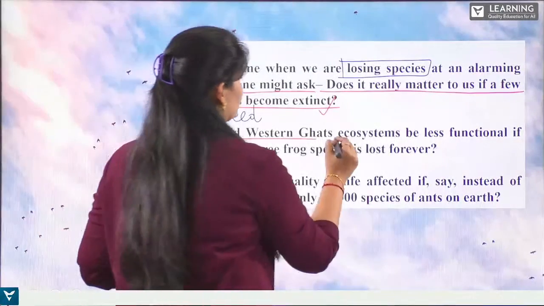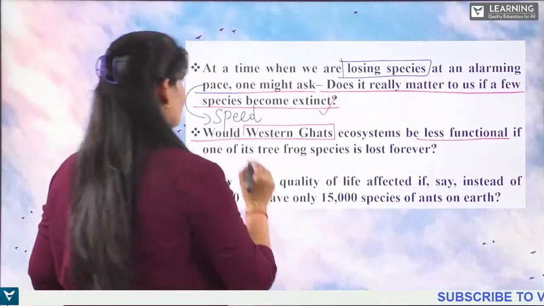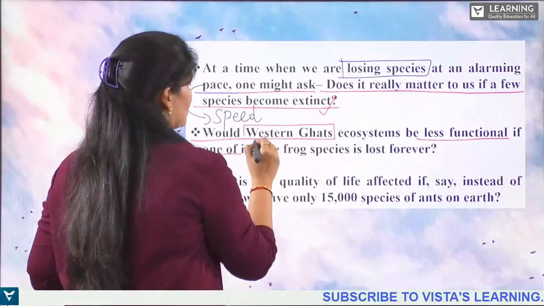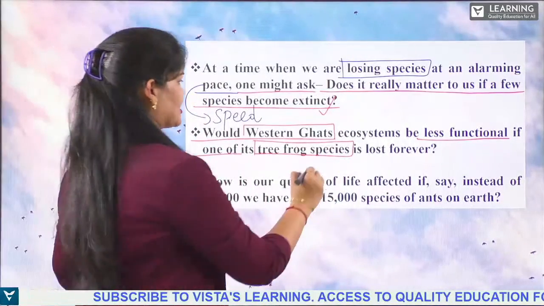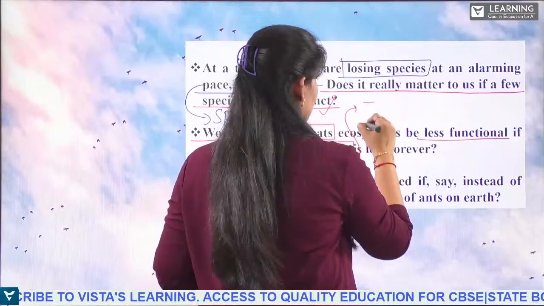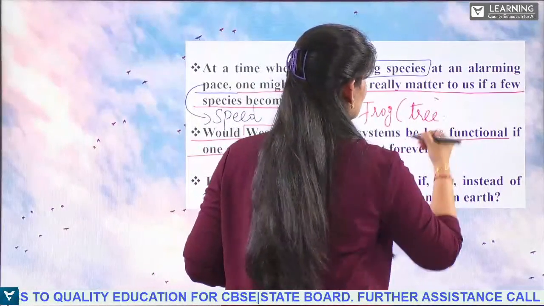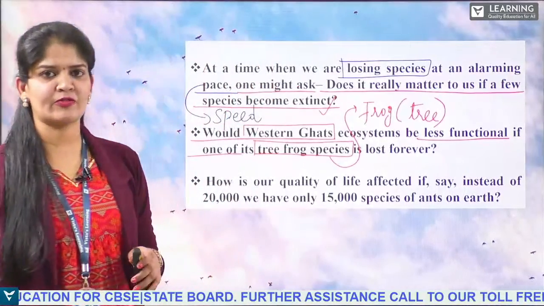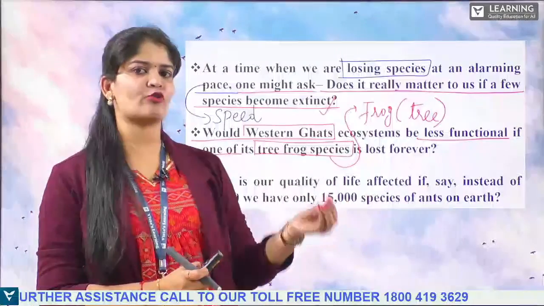Would the Western Ghats ecosystem be less functional if one of its species, a tree frog species, is lost? It is a frog which spends most of its lifespan on the tree, that is what we call a tree frog species.